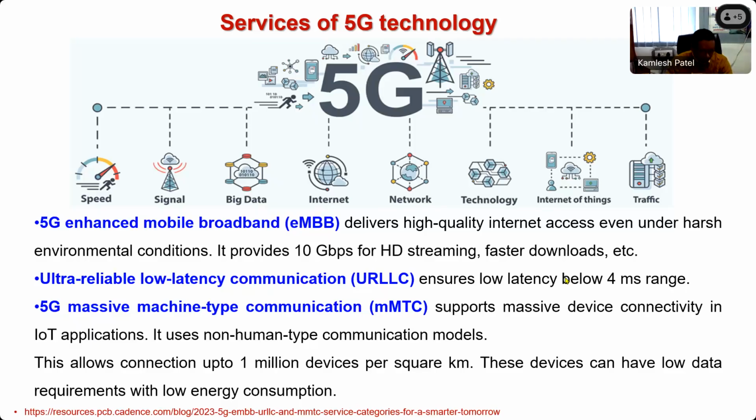Whenever you go inside a ground level or reach the top of a mountain, there is limited bandwidth or limited signal. That problem will be removed with the help of enhanced mobile broadband, as well as there will be faster communication. Our government has already started talking about bullet train implementation.